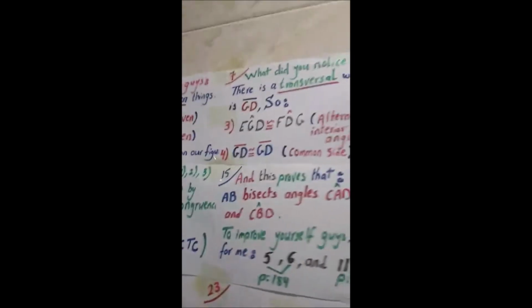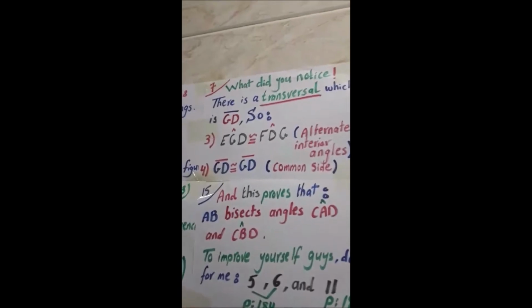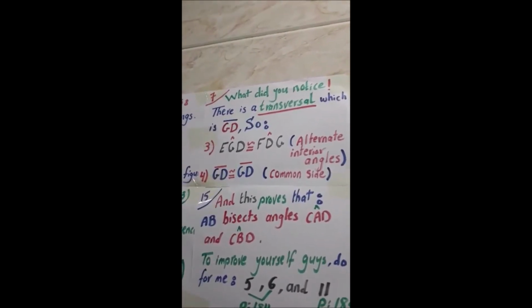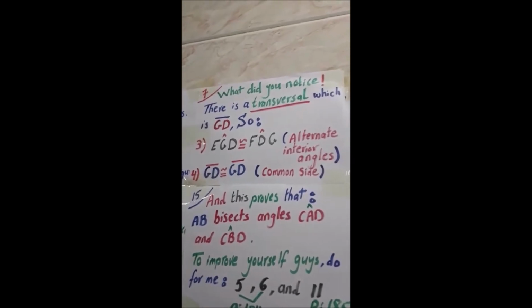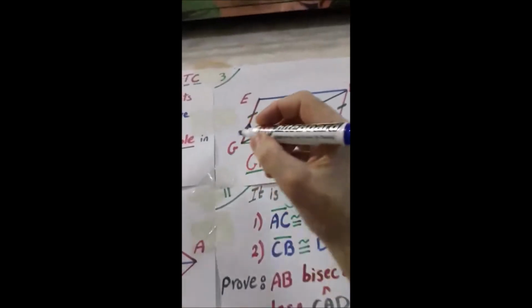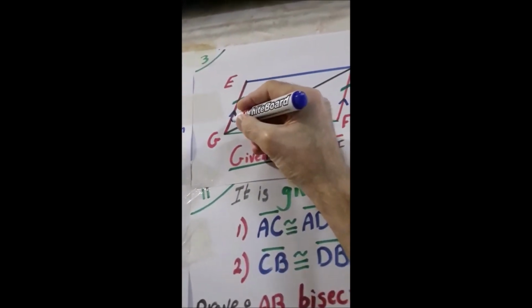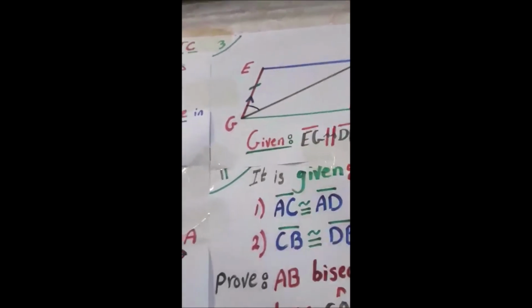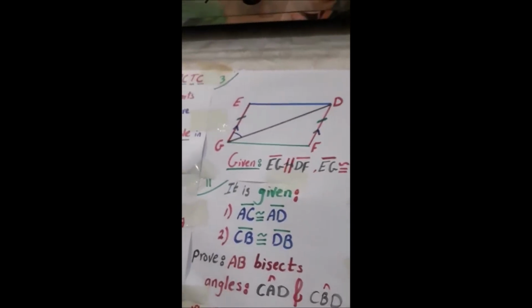Now, number three, what can we say? Because GD is the transversal, the angle EGD is congruent to angle FDG. Let me draw it. EGD, this one, is congruent to FDG.